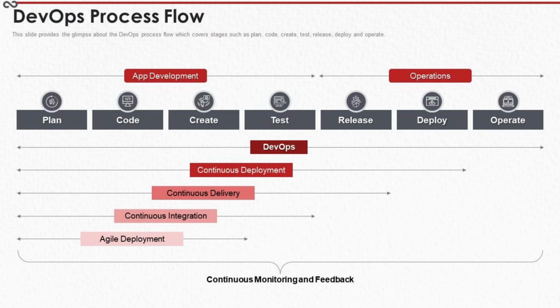For planning, we usually take help of ticketing tools such as Jira, or GitLab and Bitbucket, to track all the changes, the requirements, and how we are proceeding with things.